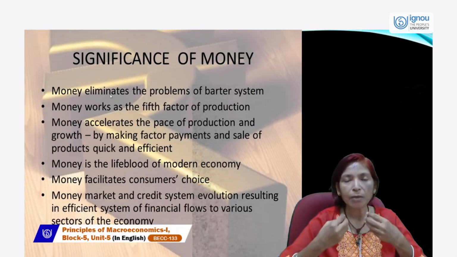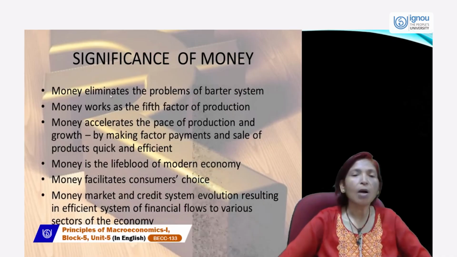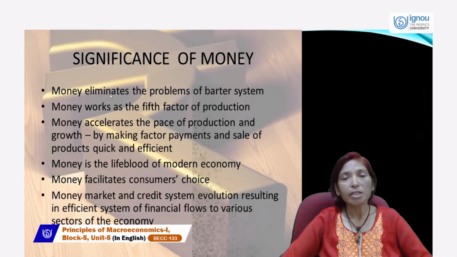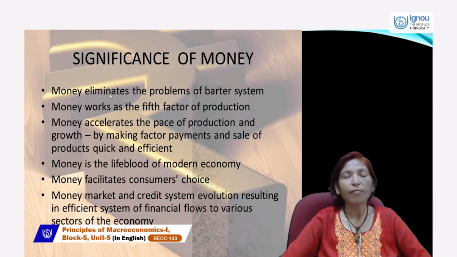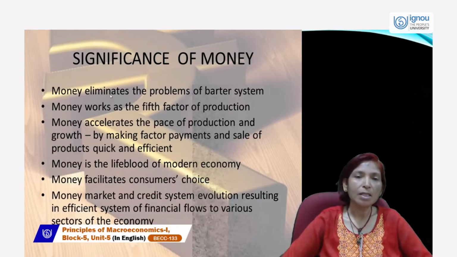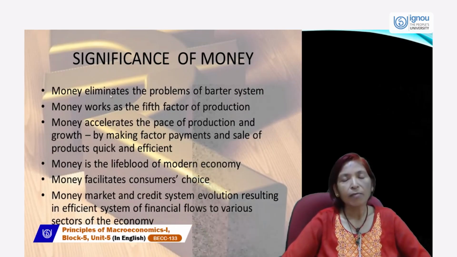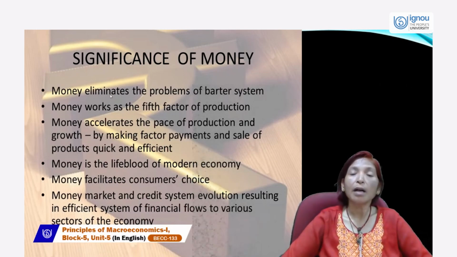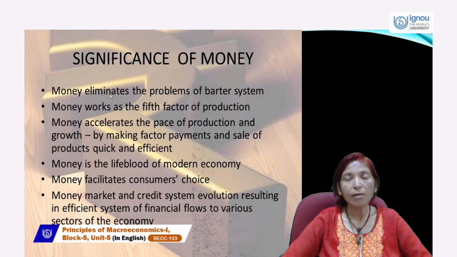Without money, you can't produce any goods and services. Without money, you can't purchase any goods and services. Without money, change and exchange cannot be possible. Without money, government can't collect revenues from the public, and government can't spend money for development works.